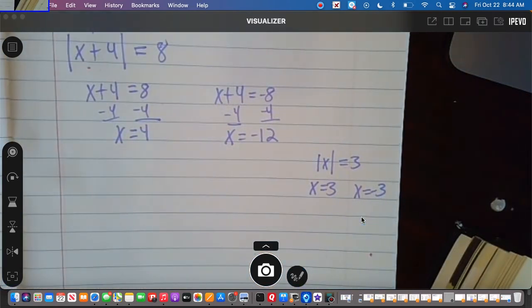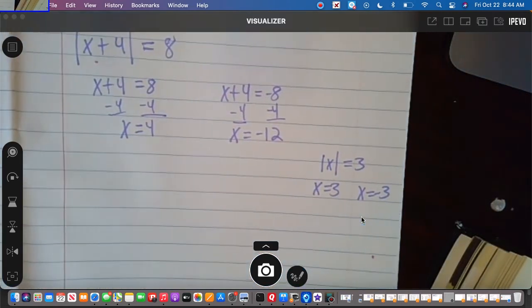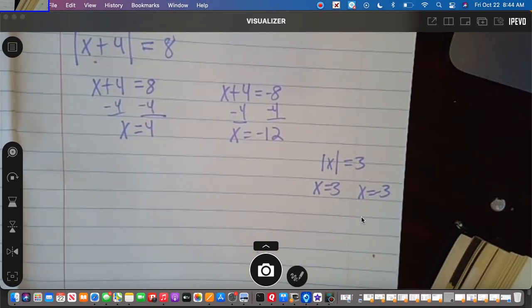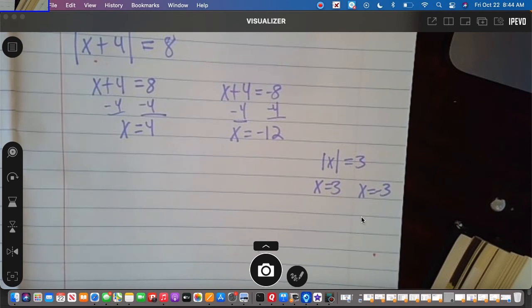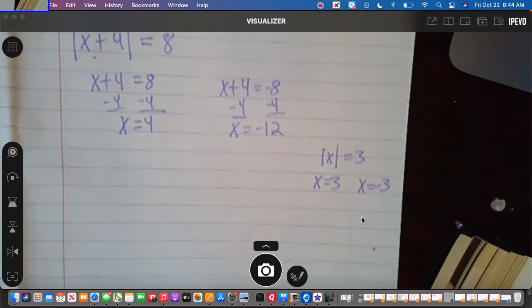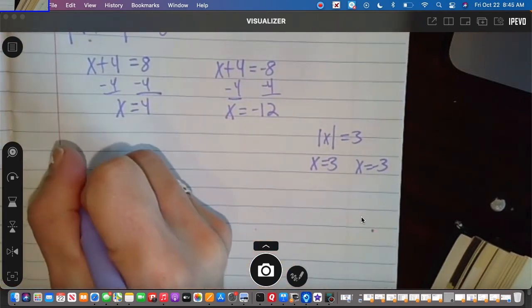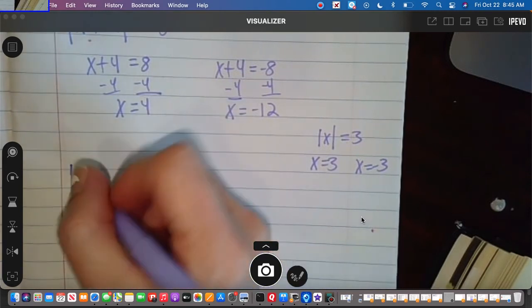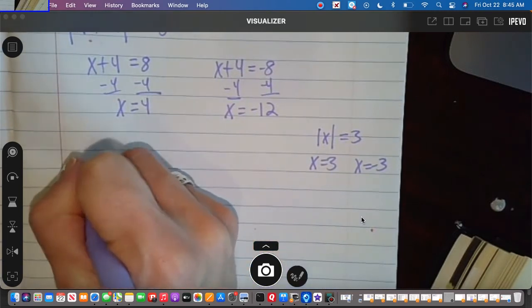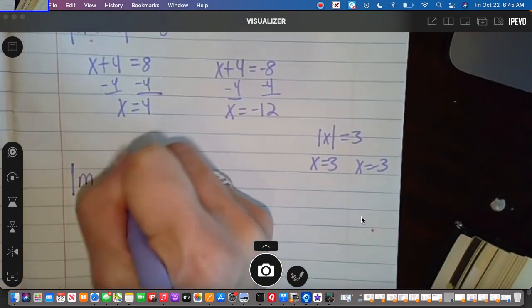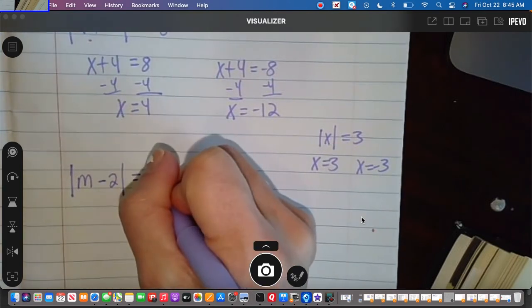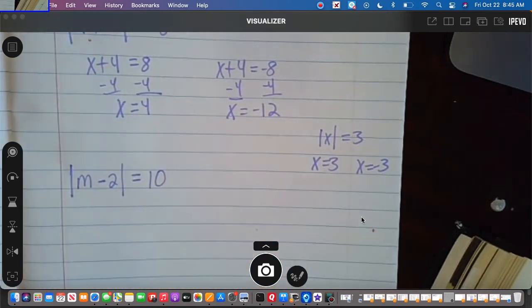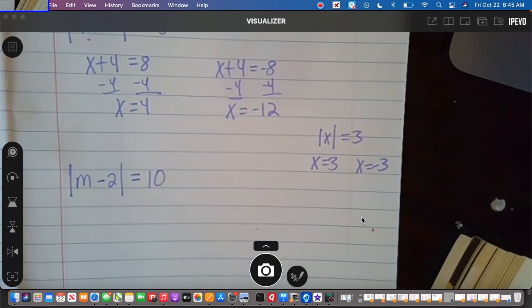Let's do another one. You're going to do 8 and 9 in a second. Okay? So 7, 8, and 9. But I'm going to do another one like them. If I have the absolute value of m minus 2 equals 10, can I solve this one?